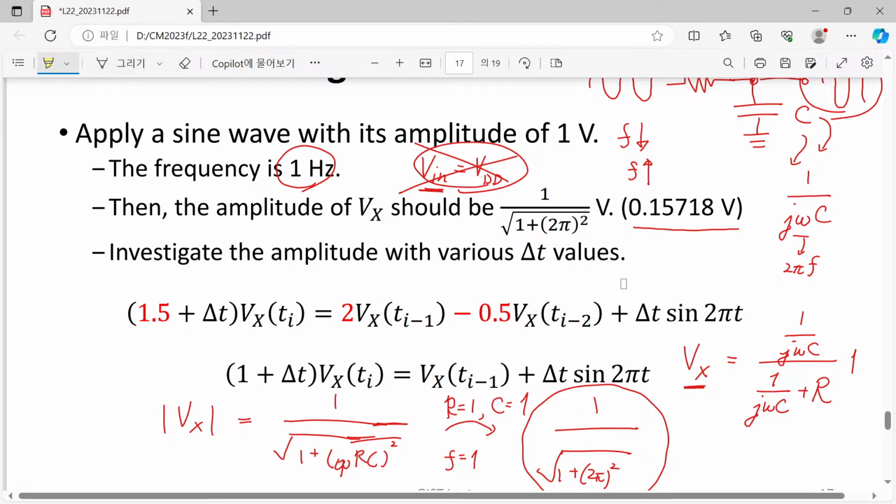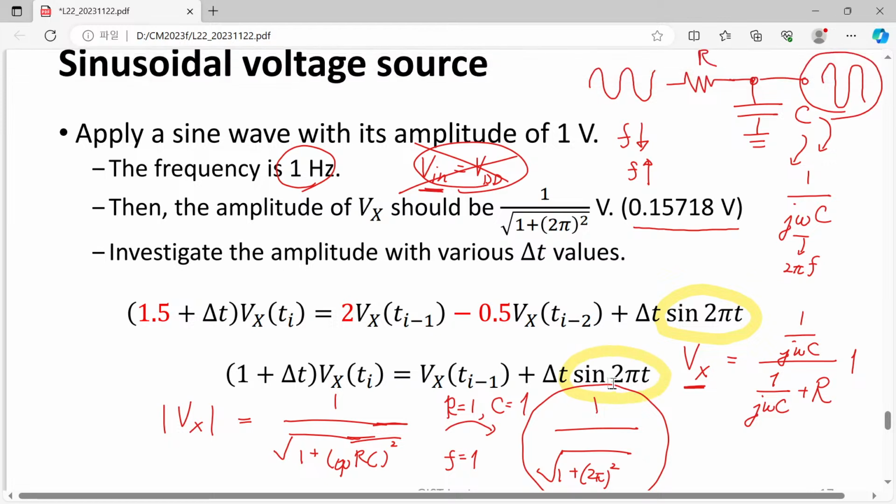Now instead of just the number 1, I introduce sine 2 pi t, because the frequency is still 1 Hz. That will be the value of the input voltage. With this change, we can just reuse our previously implemented code. Then you can easily understand the difference between backward Euler and Gear's second order method.